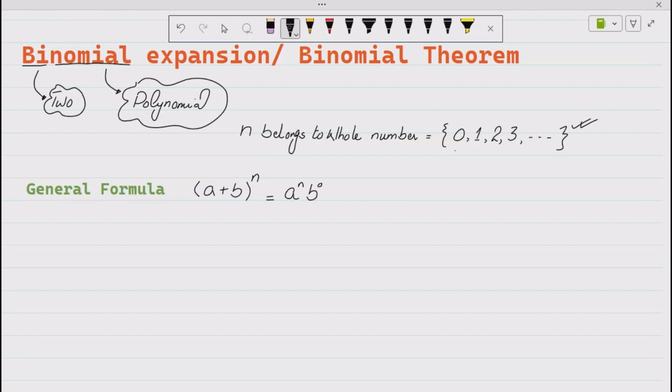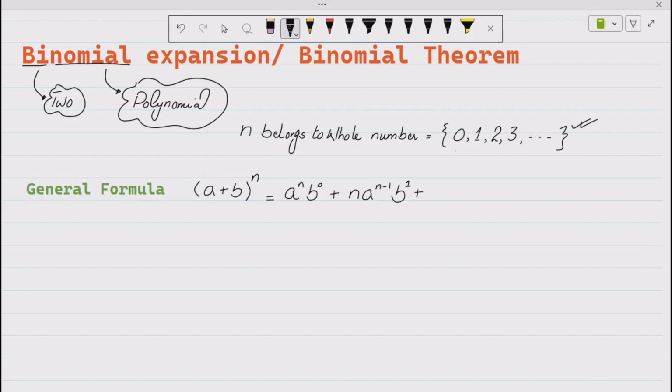Second, with the plus sign, take a with the power n below and write a to the power n minus 1. So what we did, we subtracted 1 from n. And then the power of b, we started from 0, now the power of b is 1.